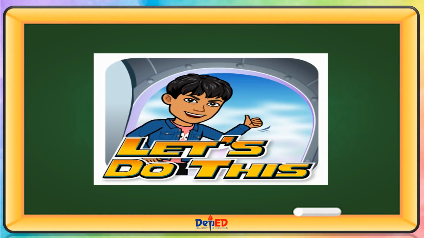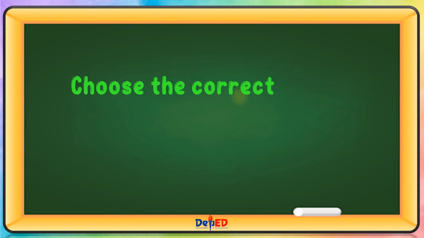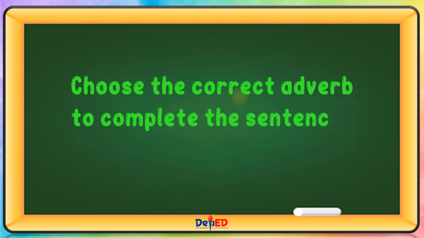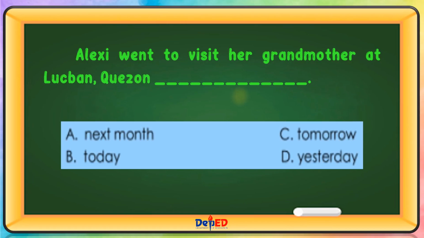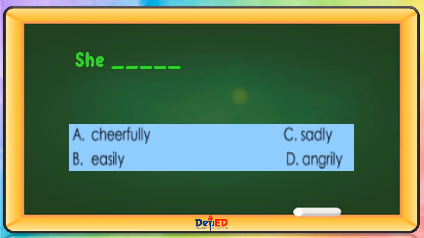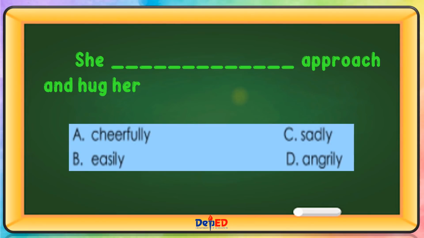Let's do this. Choose the correct adverb to complete the sentences given below. Alexi went to visit her grandmother at Lucban, Quezon, blank. The answer is D. She blank approached and hugged her grandmother.